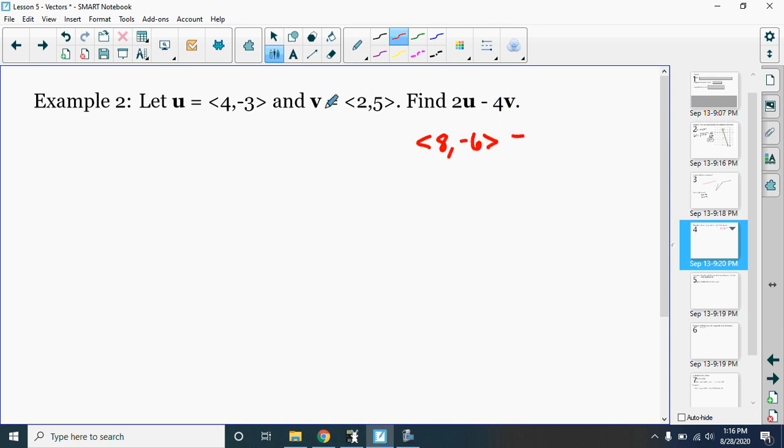If we take 4 times v, I get <8, 20>. And then to subtract the vectors, you are going to subtract the delta x's. We're going to do 8 minus 8, negative 6 minus 20. Easy enough.